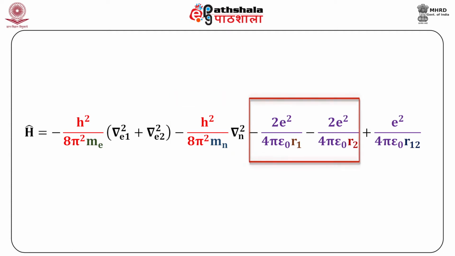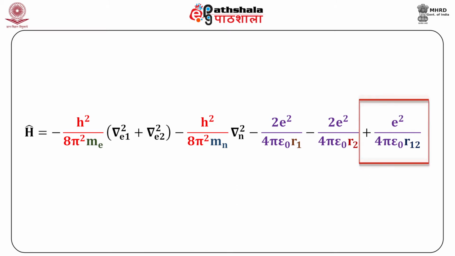And then we have two terms, minus 2e² upon 4πε₀r₁ and minus 2e² upon 4πε₀r₂. These are the attraction terms. These basically represent the potential energy of attraction between the nucleus and electron 1, and the potential energy of attraction between the nucleus and electron 2.